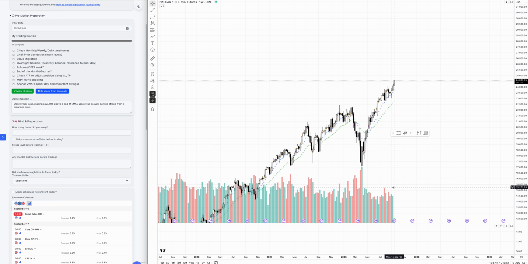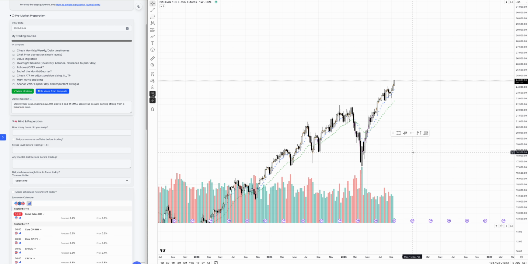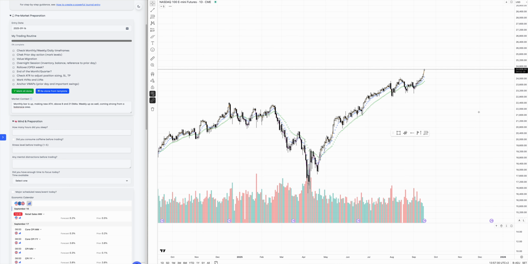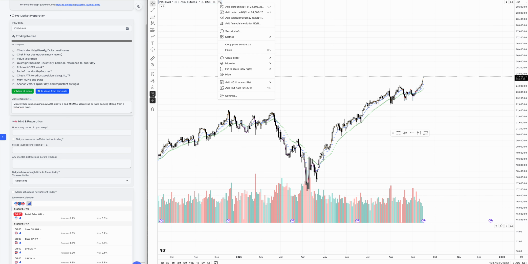Okay, volume is quite decent. Remember, this is rollover week, so movements can be a bit overwhelming sometimes. And in my case, I'm just using the current contract.